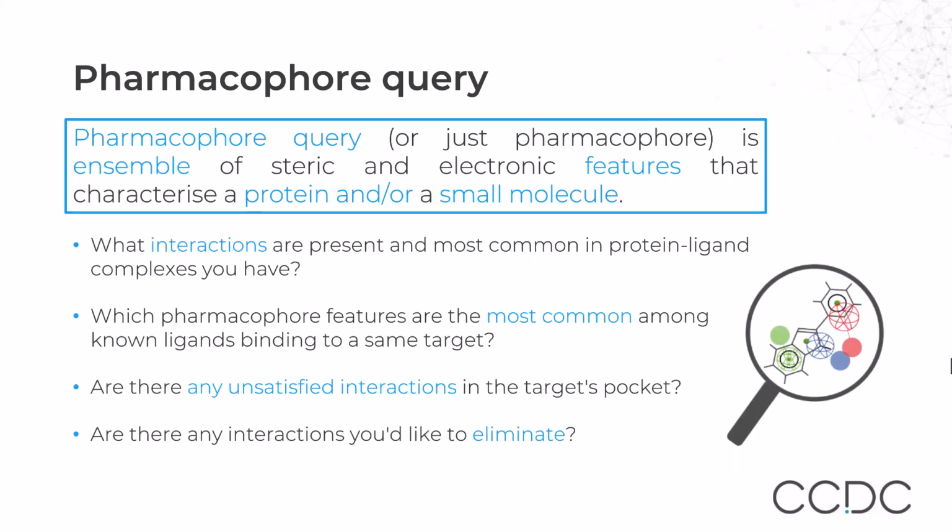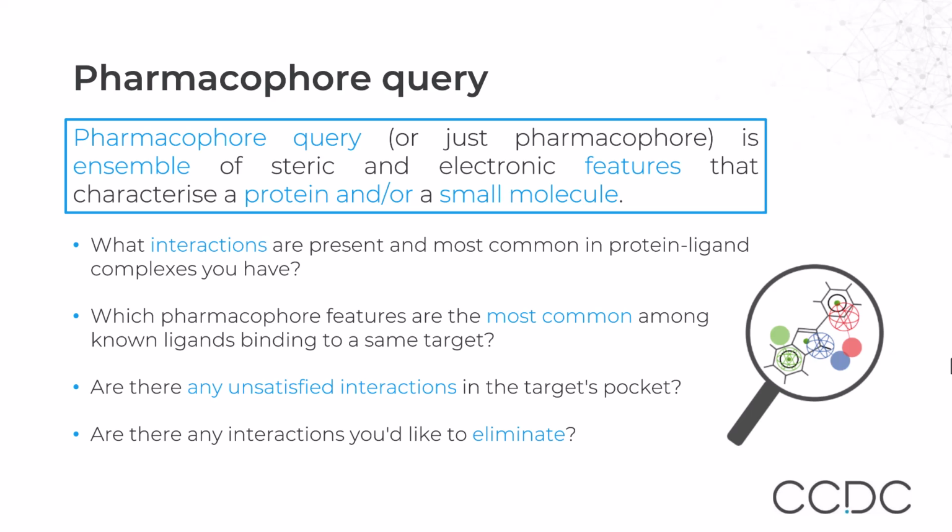And yeah, now we are going to understand what a pharmacophore or pharmacophore query is. A pharmacophore query is an ensemble of steric and electronic features that characterize a protein or a small molecule.